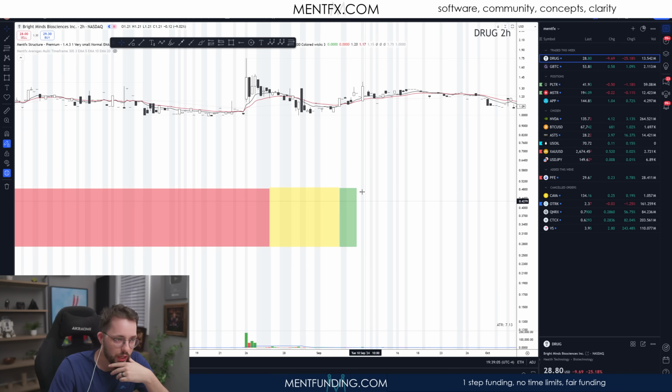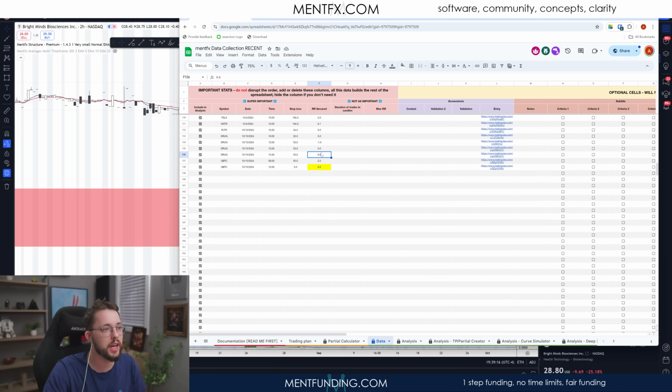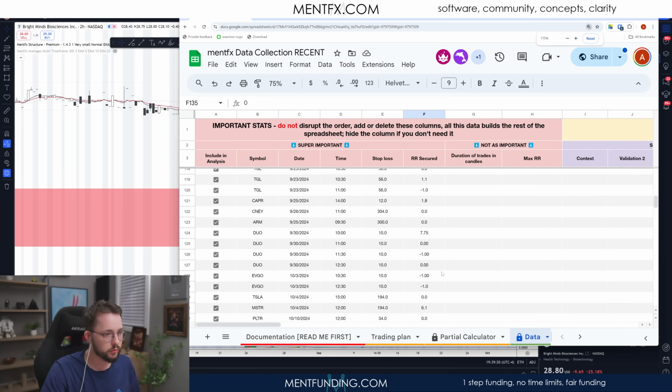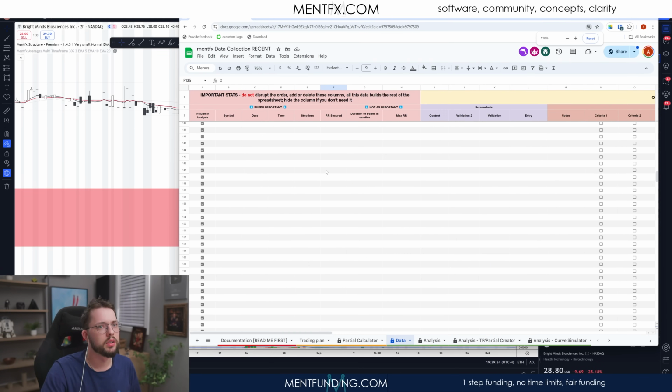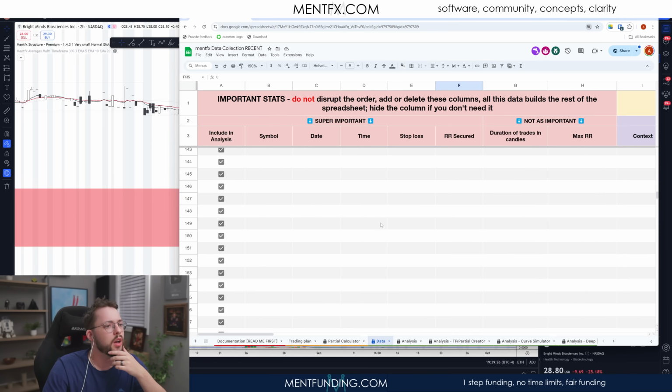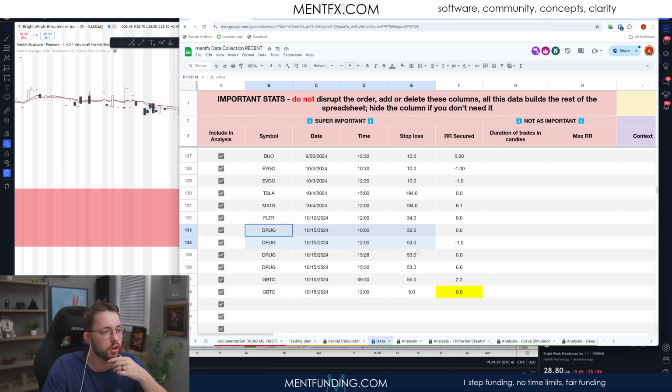So right here, this green is demonstrative of when a market environment was clear, was good, and I executed a trade, whether that trade was a winner or a break even. Here, I'm going to zoom in. Whether that trade was a, here we go. Good. So these are all the trades.